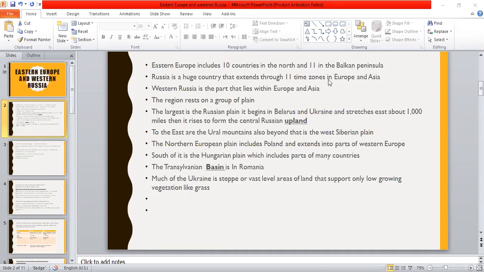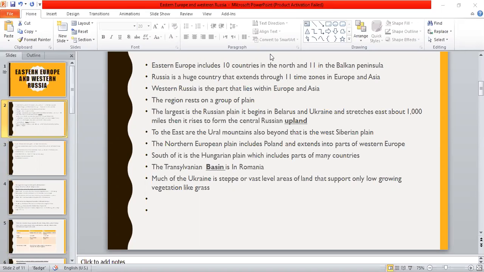So there is a question here. What helped to lead to Balkanization of the Balkan Peninsula? What is the reason behind Balkanization? Because of the physical nature of this region, this has helped the Balkanization.